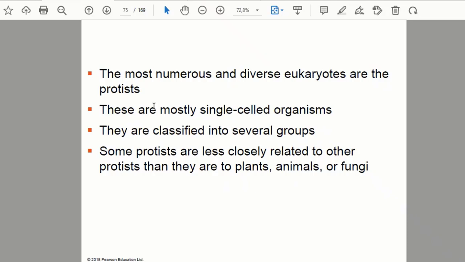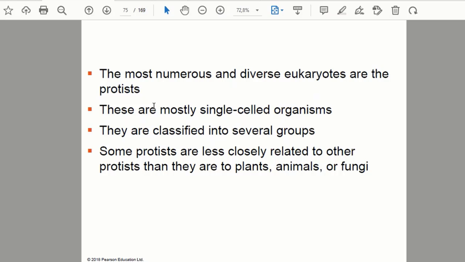The most numerous and diverse eukaryotes are protists. That's the definition there. If they ask you to describe the eukaryotes which are the most numerous and the most diverse in a one-word term, you're going to have to say protists, and these are mostly single-celled organisms.